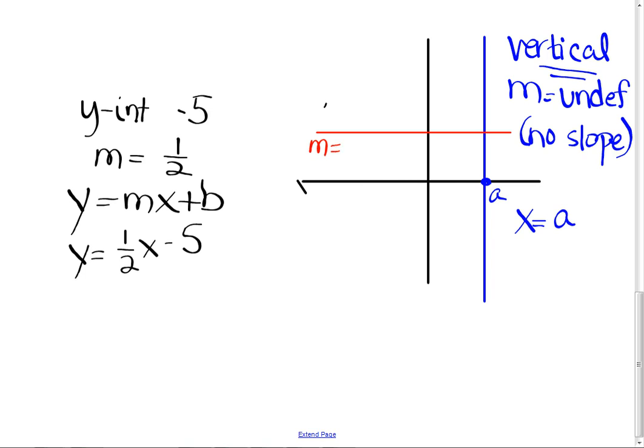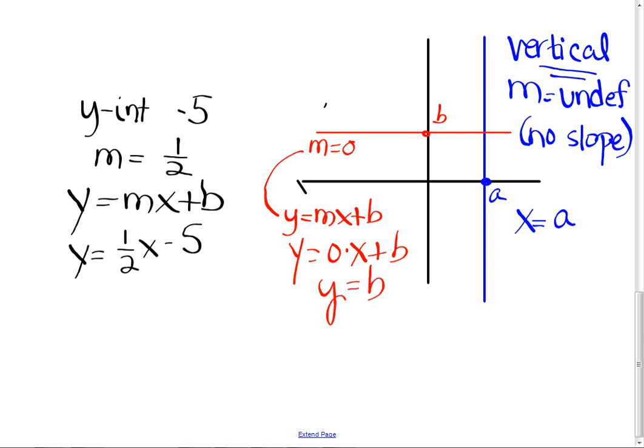M equals 0. There's b. And if I do y equals mx plus b, this is easy. So y equals 0 times x plus b. So what's 0 times any number? 0. So y equals b. That's for horizontal lines. Now you got everything you need.